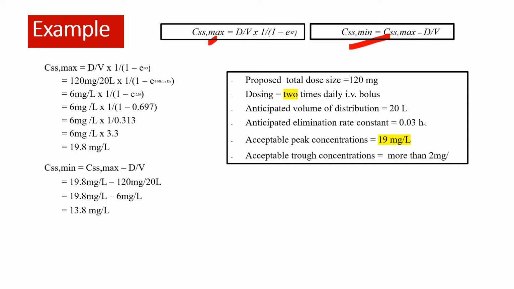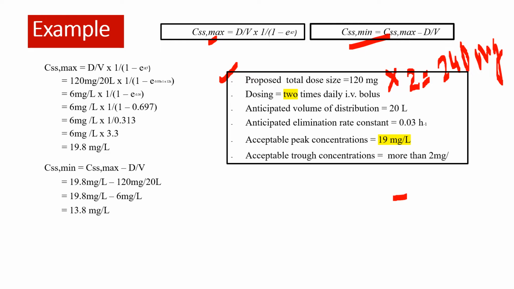We have some parameters here, but the more important is that the dosing is 2 times daily, 120 milligram, that is 120 into 2, a total of 240 milligram in a span of 24 hours. The acceptable peak concentration is 19 and the acceptable trough concentration is 2 milligram.